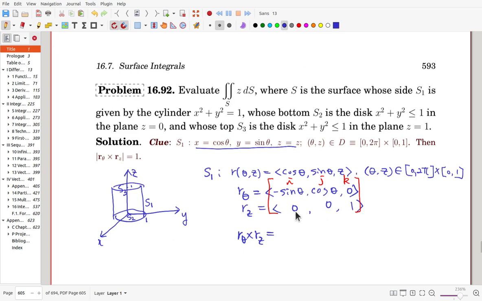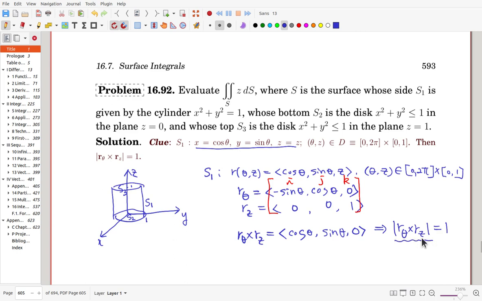With that matrix, we get the determinant. For i, we have cosine theta. For j, we have sine theta. For k, the bottom is 0, so it is 0. So quite easily we can see that the magnitude of r theta cross r z equals 1.